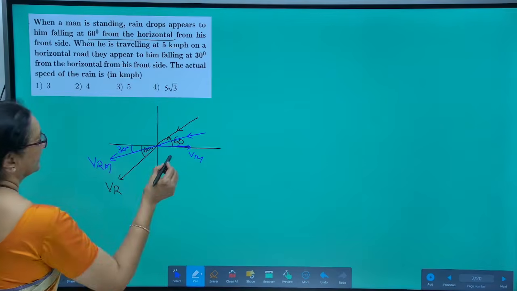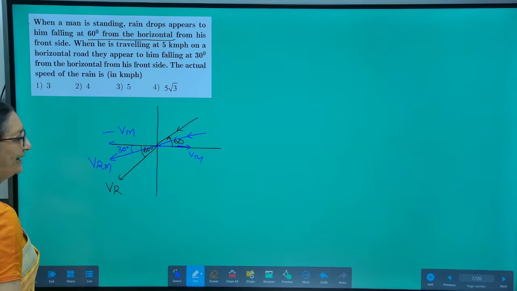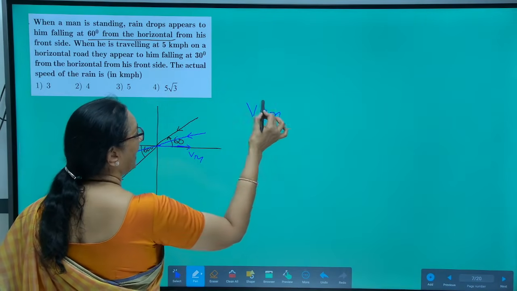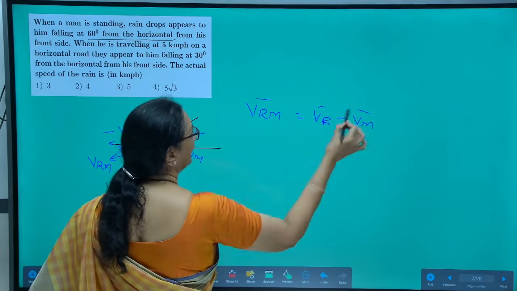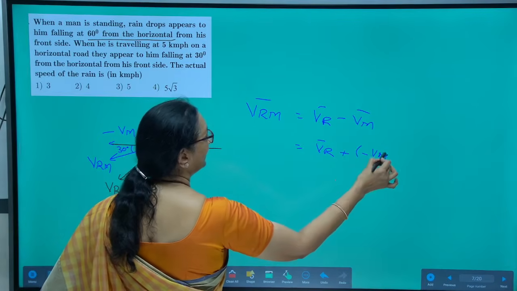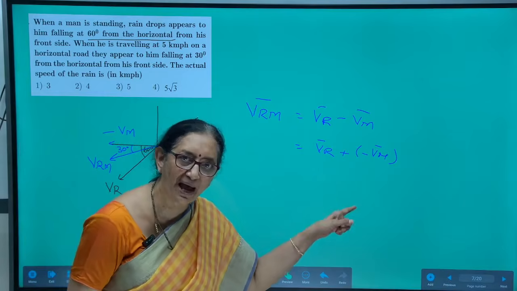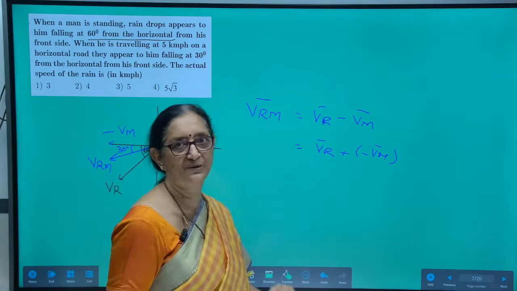Look here. So, if this is Vm, this will be equal to minus Vm. So, Vrm bar is equal to Vr bar minus Vm bar. This is nothing but Vr bar plus minus Vm bar. So, velocity of rain with respect to man is the resultant of Vr and minus Vm.